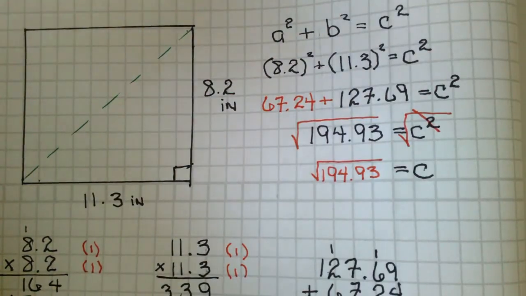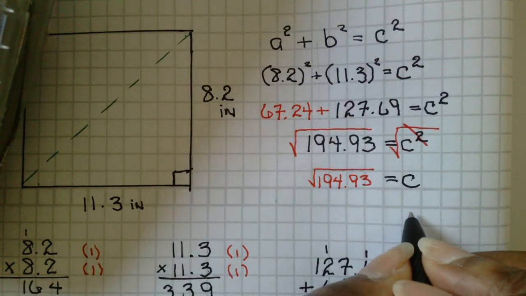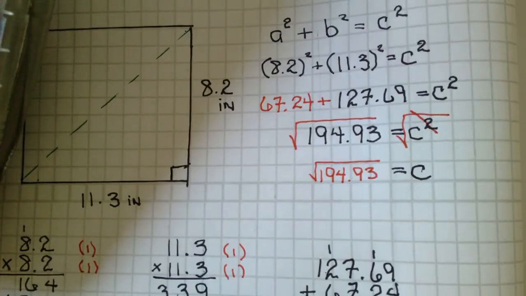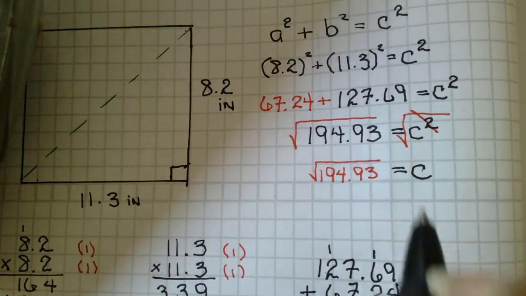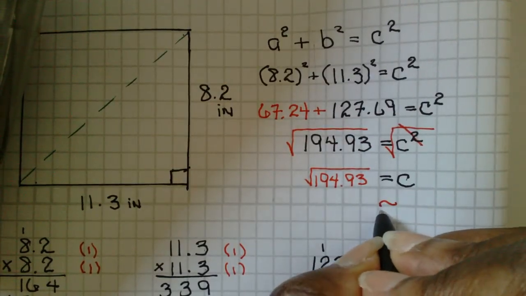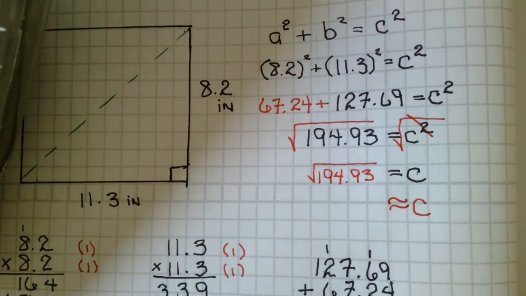So, I don't have this off the top of my head, so I'm going to try 194, 193. So we're going to definitely round it. I want to say to the 1000th position. So if I'm rounding, this is when you use the approximation symbol. Okay?